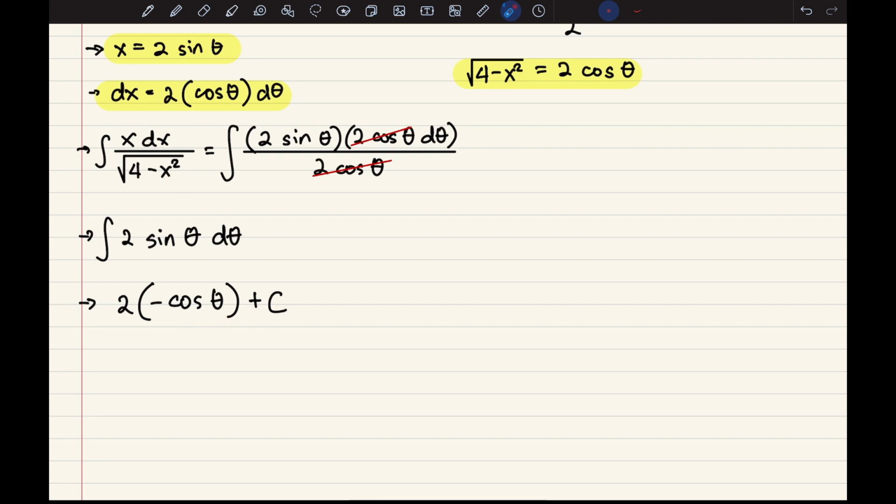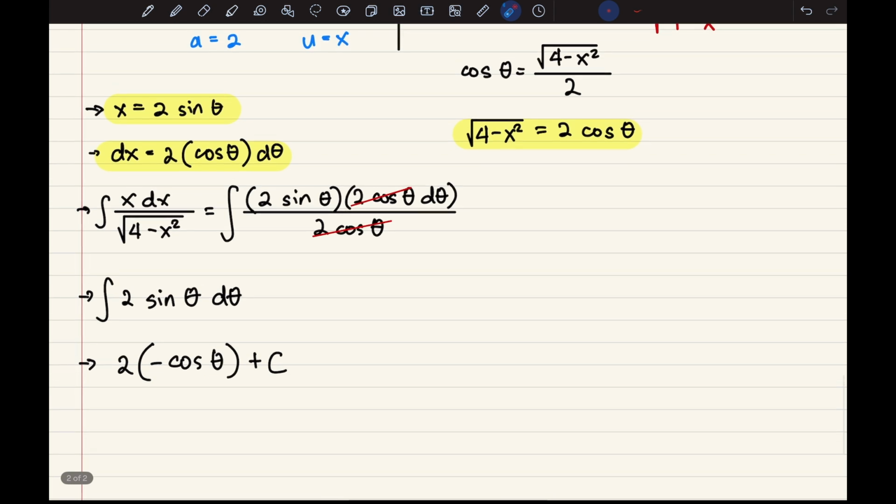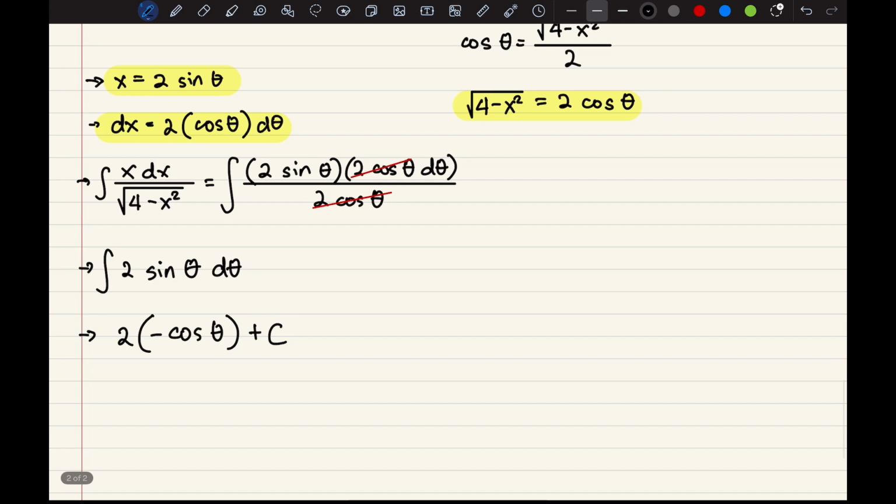So in order to do so, we will get an equation for cosine theta in terms of x. And that equation will come from the substitution that we used earlier. We have cosine theta is equal to square root of 4 minus x squared all over 2. So substituting this value, the negative sign will come in front. So we have negative 2, and then cosine theta is equal to square root of 4 minus x squared all over 2.